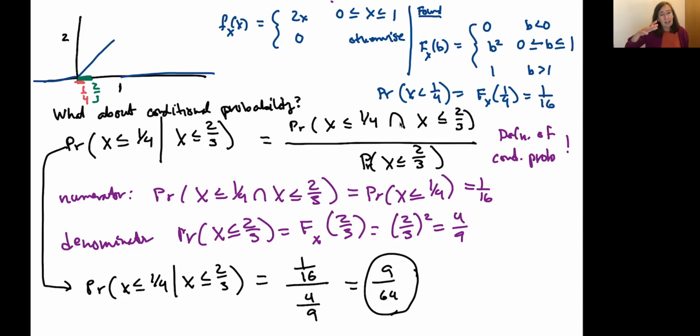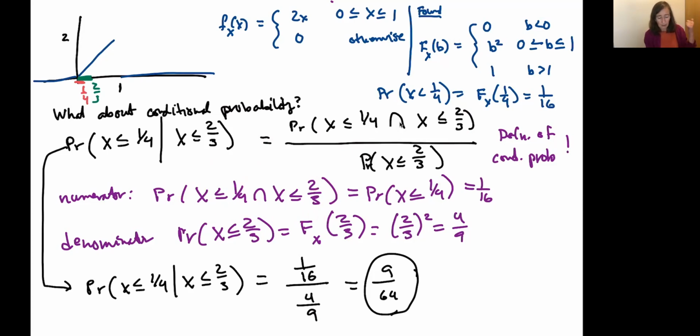The only place where things got a little bit tricky was just to figure out what this joint probability is here. In this case, the event in question is actually the joint event here, that X less than or equal to 1/4 is a subset of X less than or equal to 2/3.